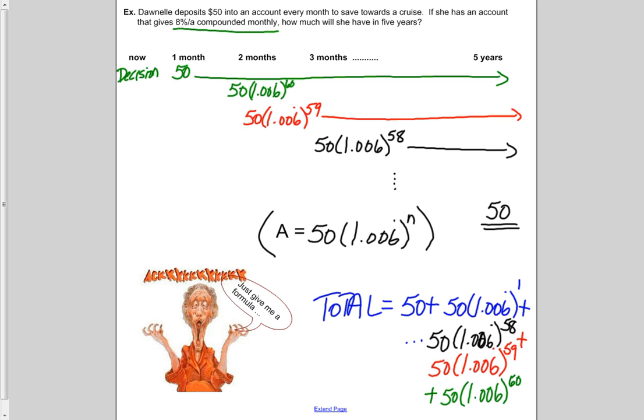That's a lot of calculations. We have 60 different calculations to do and then add them all up.